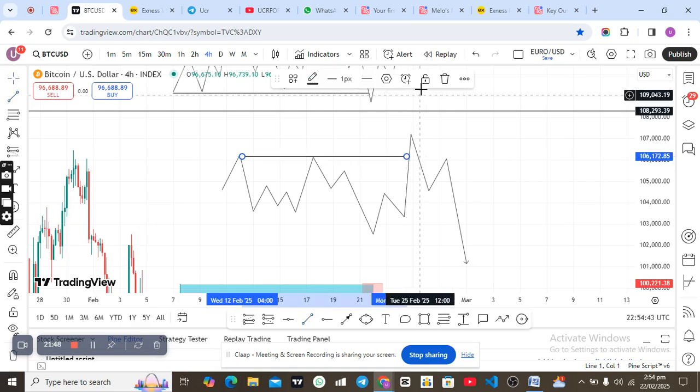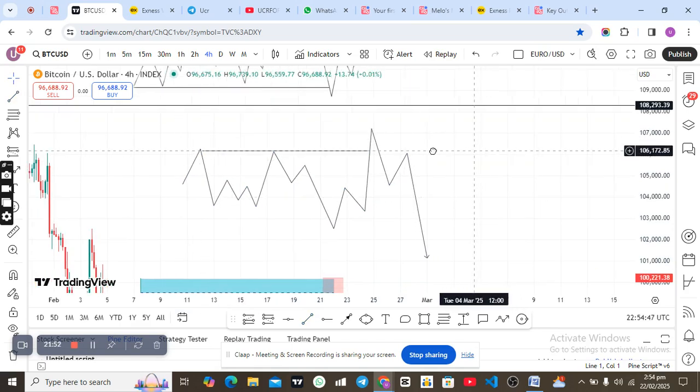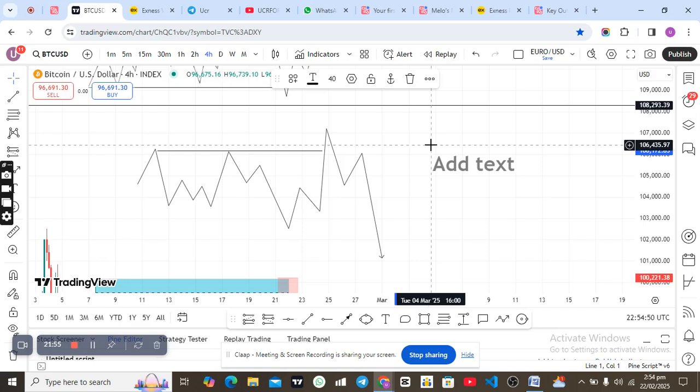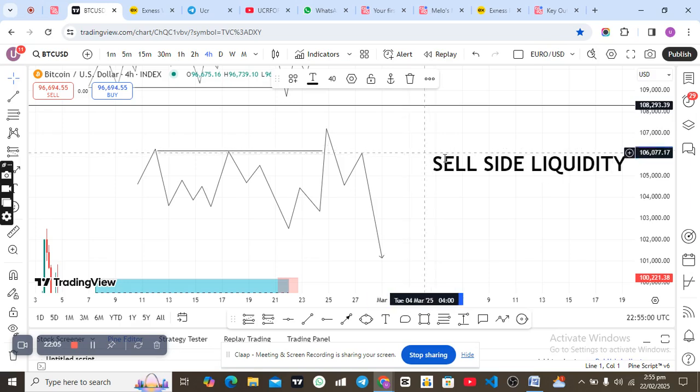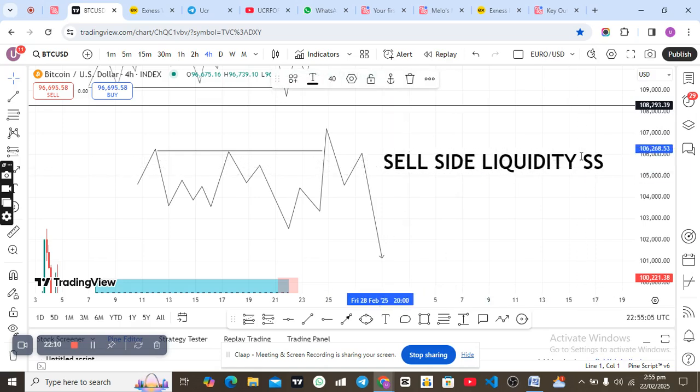Or you can still call this sell side liquidity an old high. Here is an old high. First of all, you can call it sell side liquidity, or write it SL. Then you can call it old high, or you can still call it sweep of liquidity.